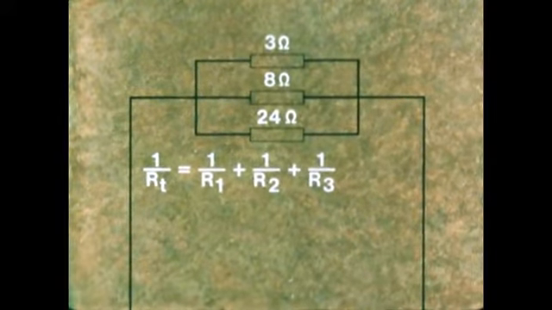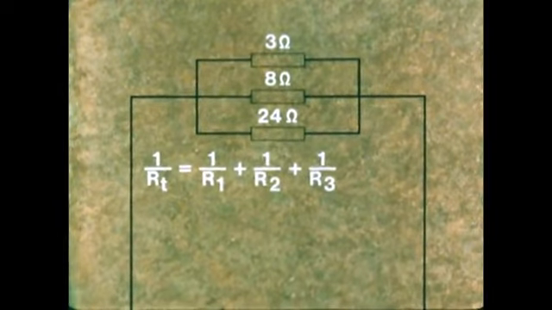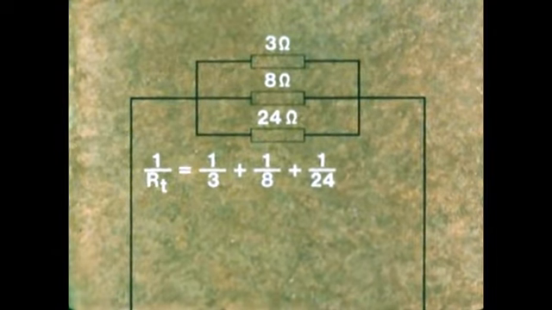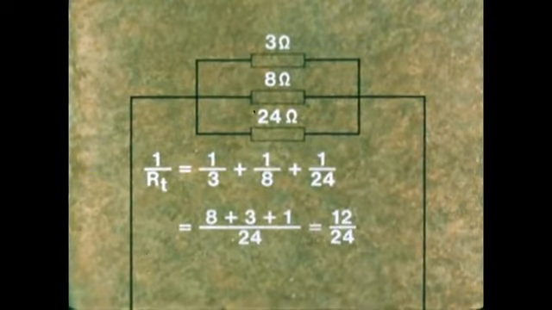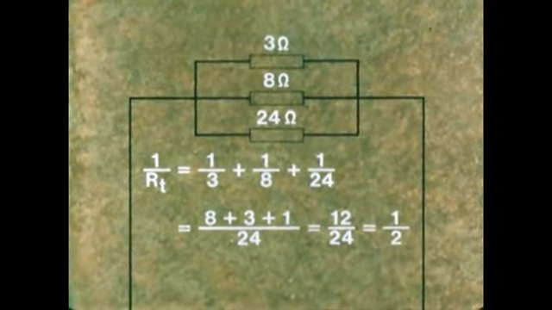Now suppose the resistors are 3, 8, and 24 ohms, as we had before in the series circuit. Then 1 over RT equals 1 over 3 plus 1 over 8 plus 1 over 24. Simple arithmetic now shows us that 1 over RT is equal to 1 over 2.